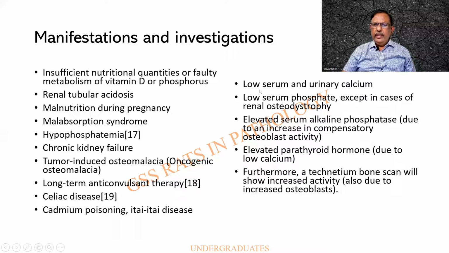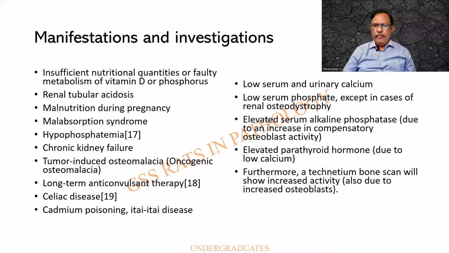Also, you find that in the investigations, you look for the serum calcium. It is low, with decreased excretion. Serum phosphate is reduced. There is an increase in alkaline phosphatase. Whenever the bone becomes weak, the alkaline phosphatase is mobilized. Therefore, the serum alkaline phosphatase is increased.